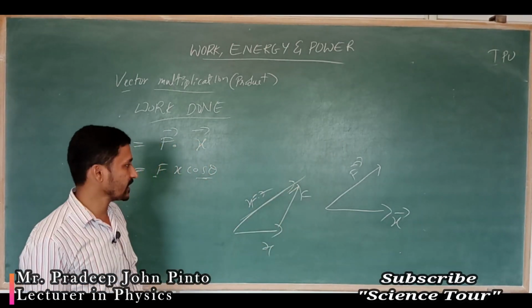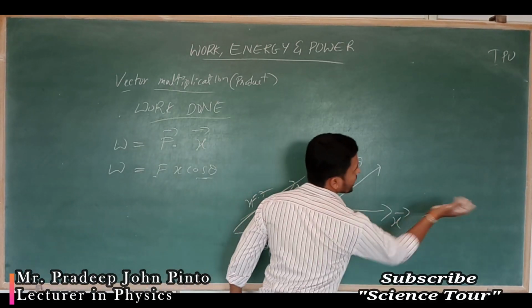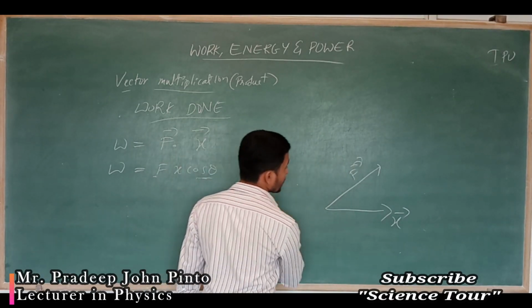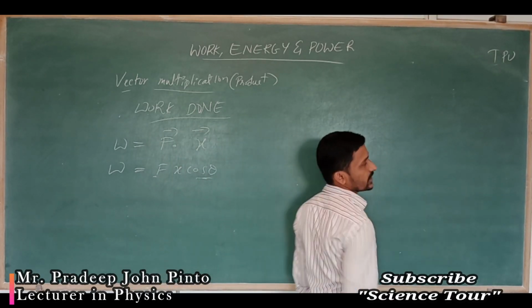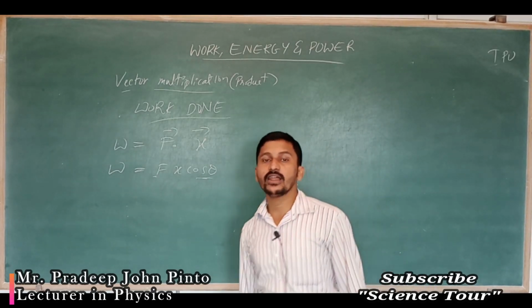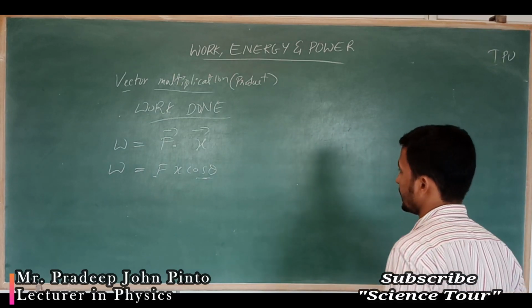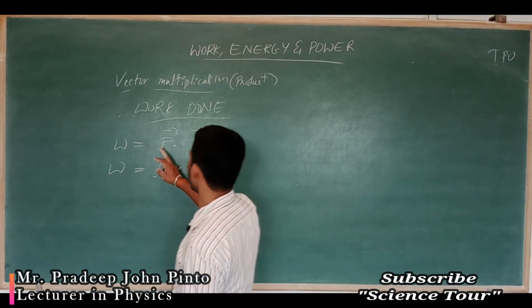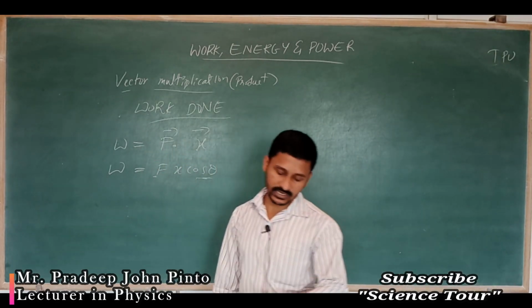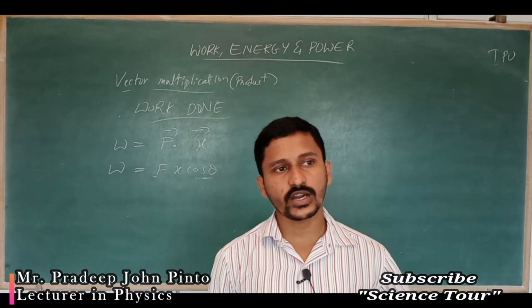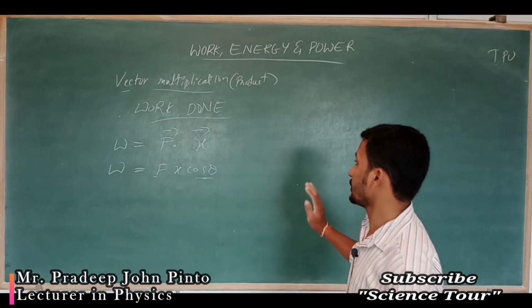But it is not happening. Work happens in the direction of displacement. The kid applies force and work is done, so work done does not obey the law of vector addition. That's why work is a scalar quantity, the product of force and displacement, which we call a dot product. Work done is nothing but a dot product. This is the simple example I gave, and this is what we studied.